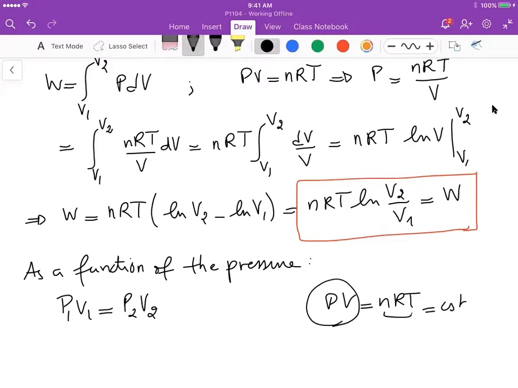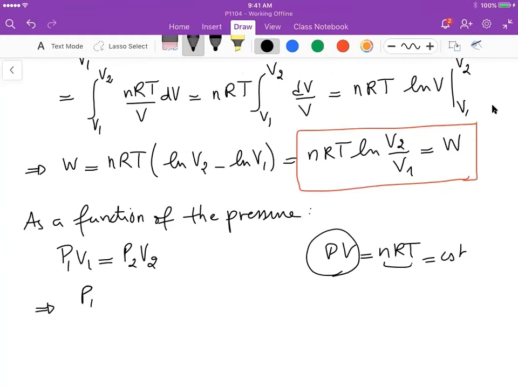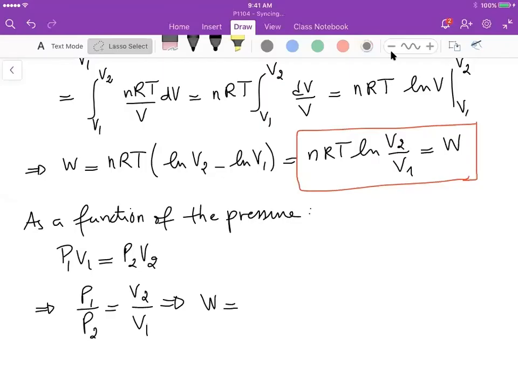And so if you divide V2 over V1 from this, we can deduce that P1 over P2 is equal to V2 over V1. So from here, we can write down W, the work done by the gas on the external surrounding, as W equals nRT multiplied by ln, where instead of V2 over V1, we replace it with P1 over P2.